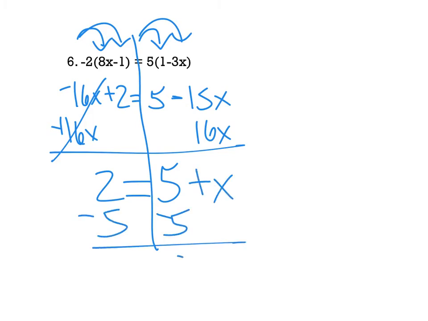Subtract 5, and x equals negative 3. And if you go back up and plug in, you would get 50 on both sides, and that is your correct answer.